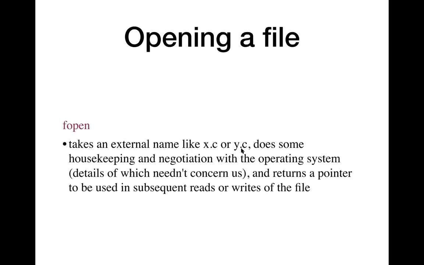So to open a file, fopen is the function. I will have to give the file name which I need to open as an argument in the fopen function. Some housekeeping and negotiation will happen in the background, and this will return a pointer. That pointer can be used in the subsequent processes.